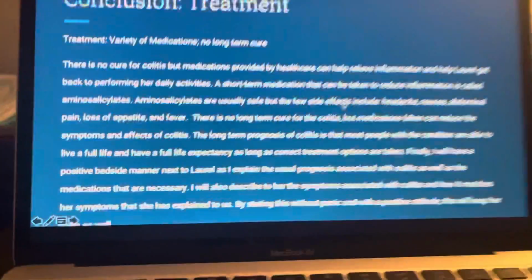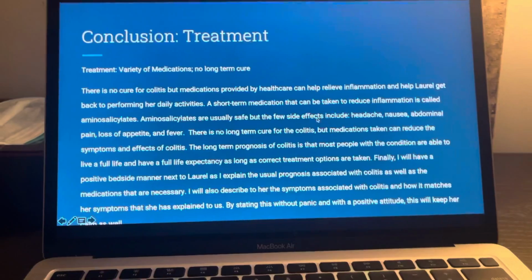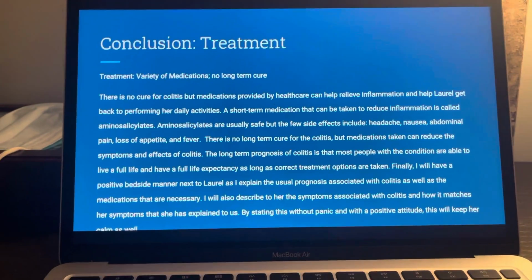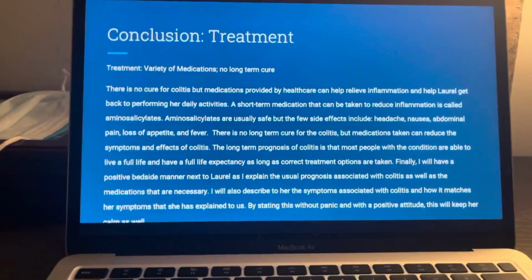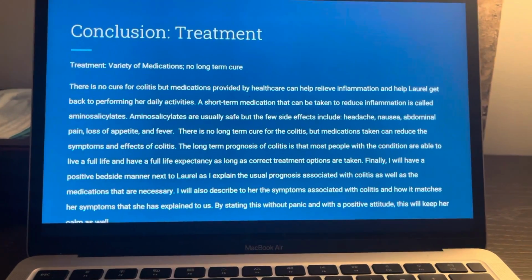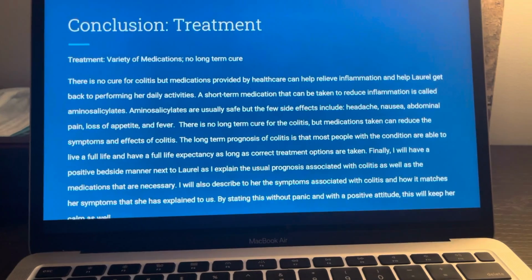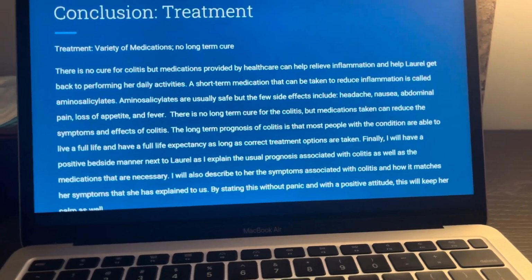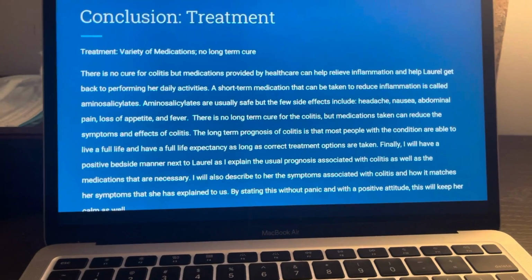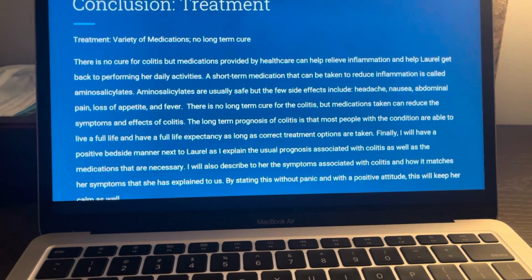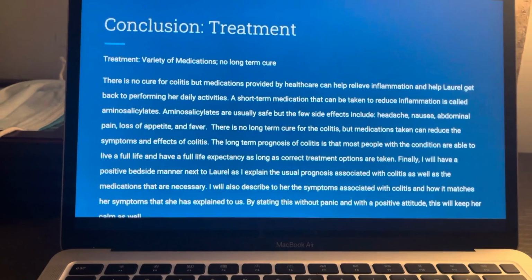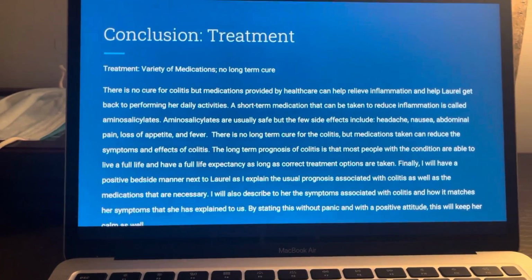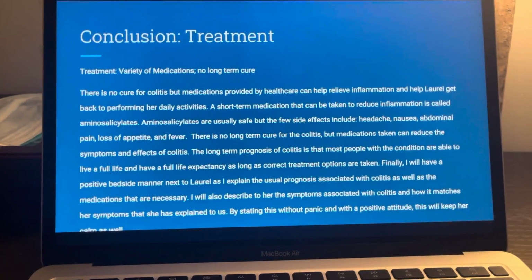And finally, sorry if this was off. The treatment that I found: there is no long-term cure for colitis. You have to live with it. There's no getting rid of it per se, but there are a variety of medications that can be taken to relieve inflammation and help Laurel go on with her daily activities and live a pretty normal life.